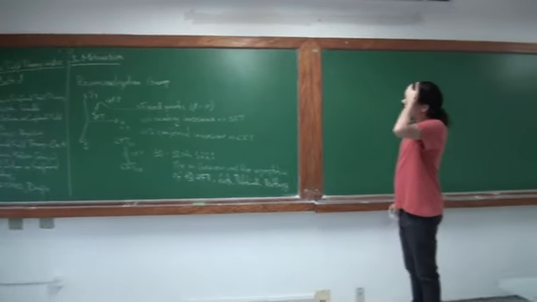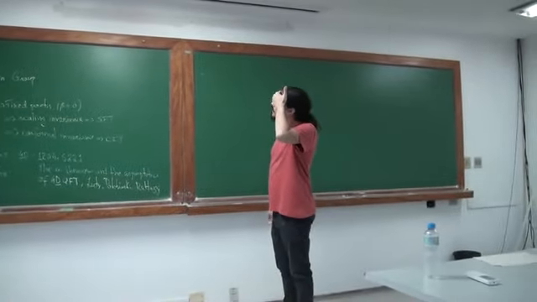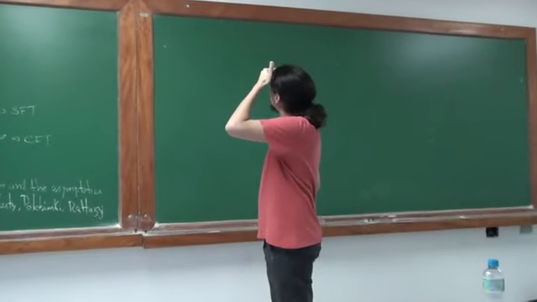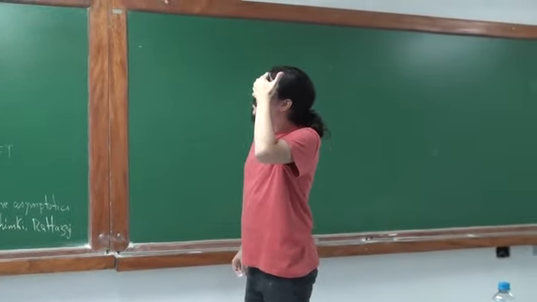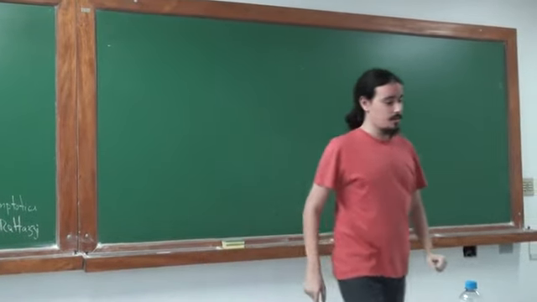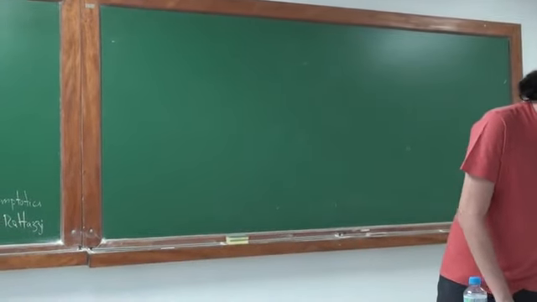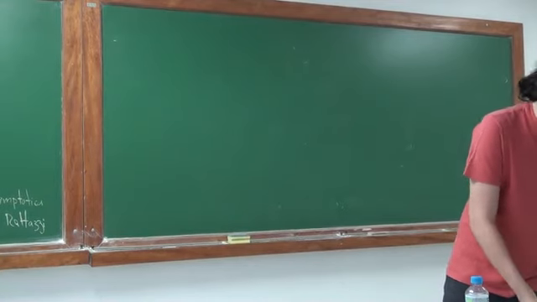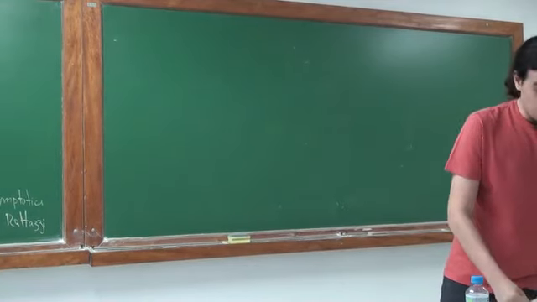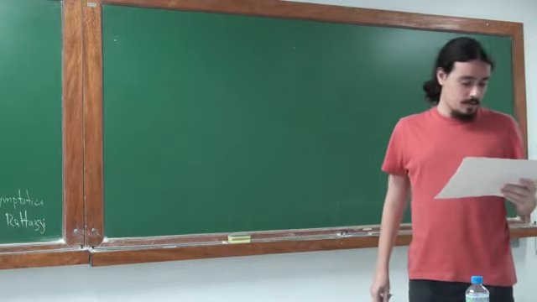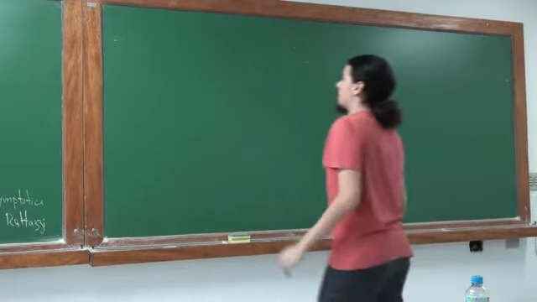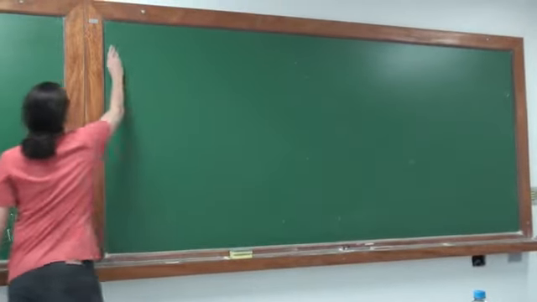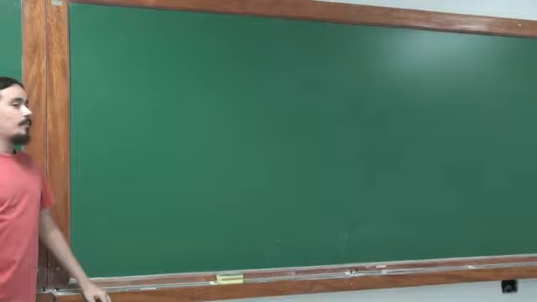Okay, so before actually starting the course, let me just remind you what we do in standard quantum field theory. We usually say, okay, in nature we observe Poincare invariance.